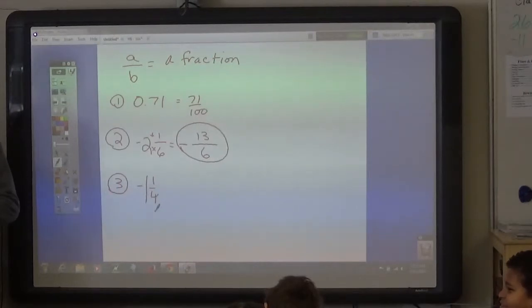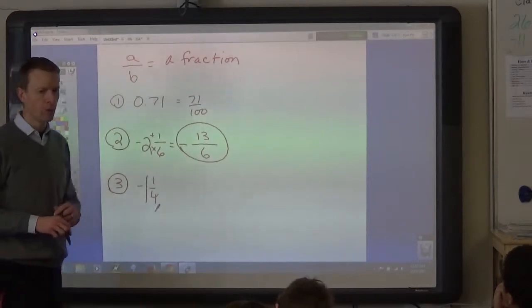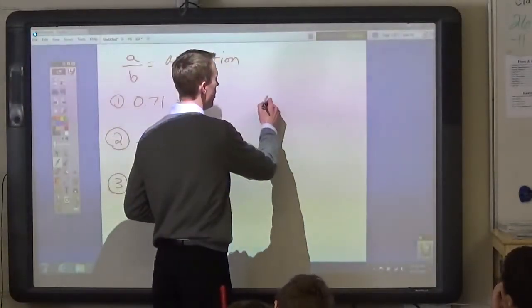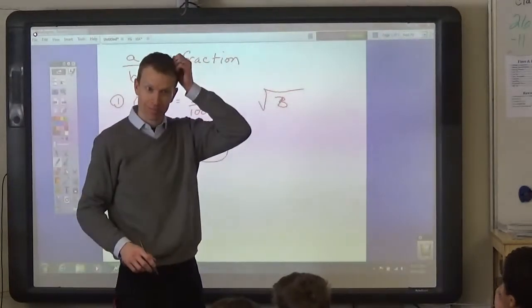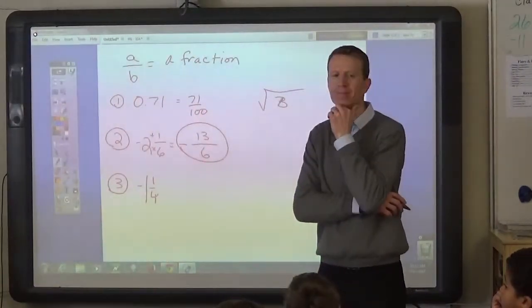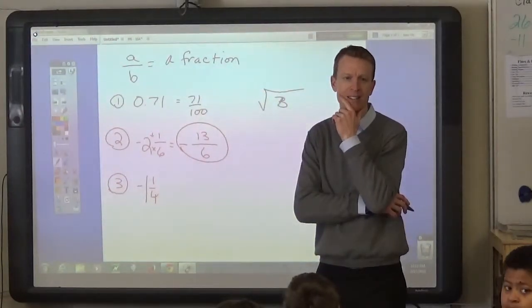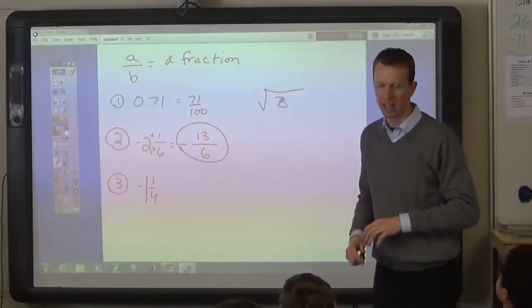Is pi the only thing that isn't rational? No, no. Lots of square roots are irrational numbers. For example, if you put in your calculator the square root of 3. In other words, what two numbers can you multiply to get 3? 3 and 3.